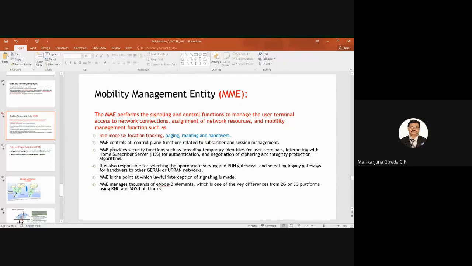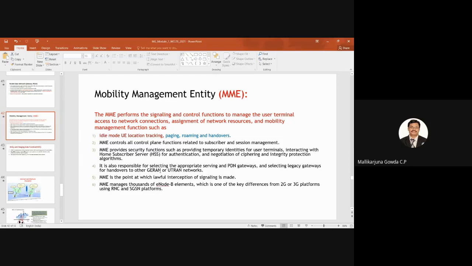The MME controls all control plane functions related to subscriber and session management. It provides security functions such as temporary identities for user terminals, interacting with the HSS, the home subscriber server, for authentication, and it also does negotiation of ciphering and integrity protection algorithms.